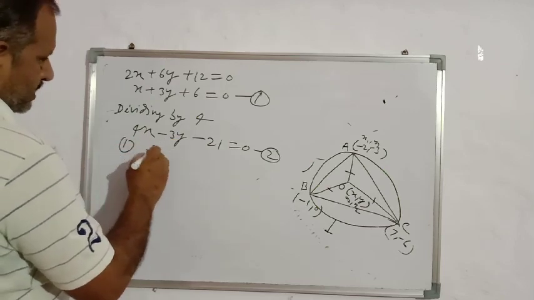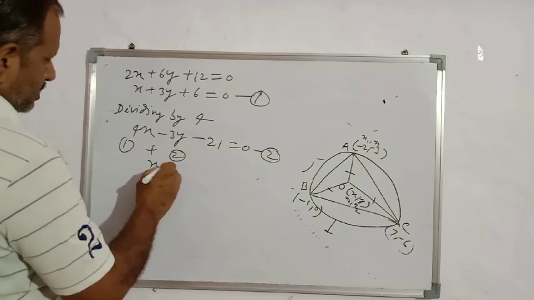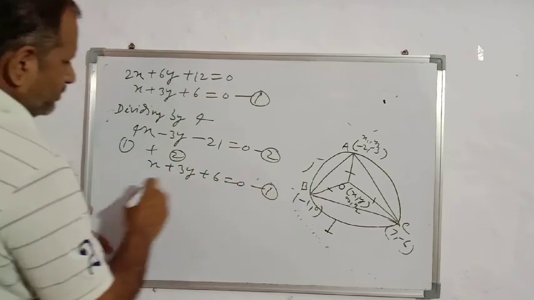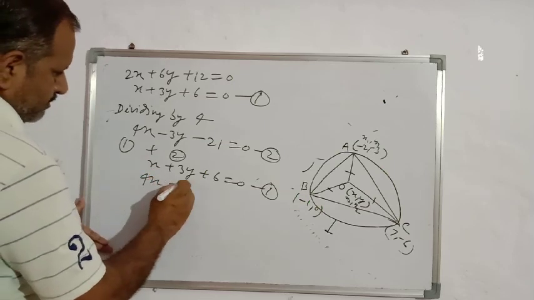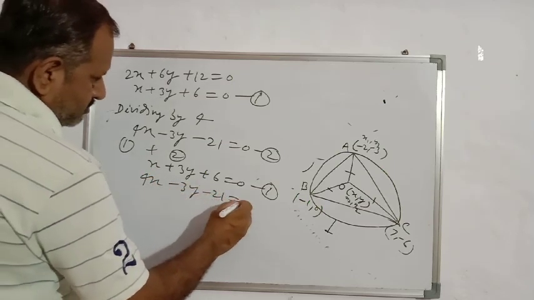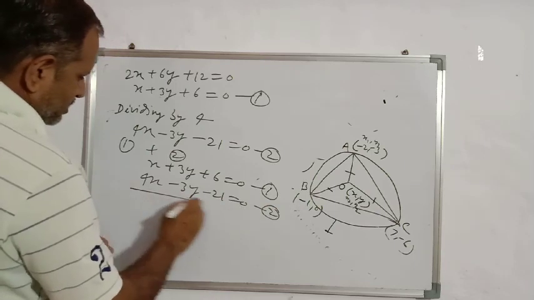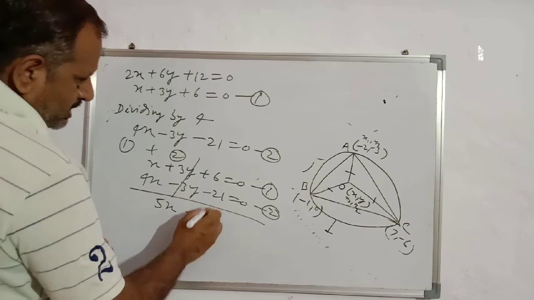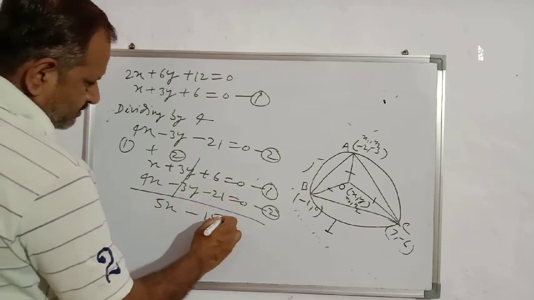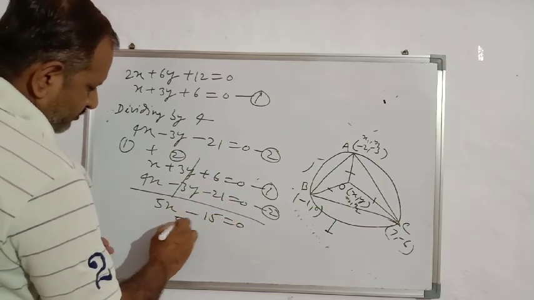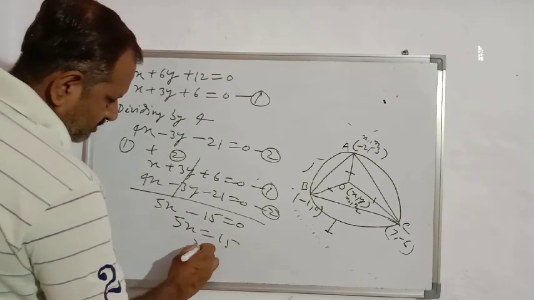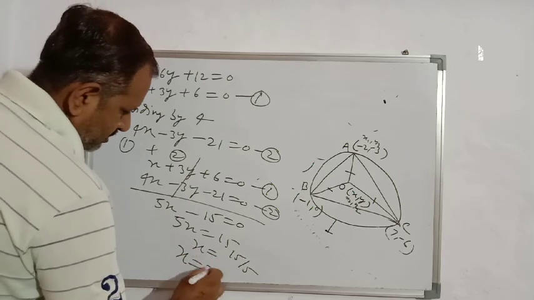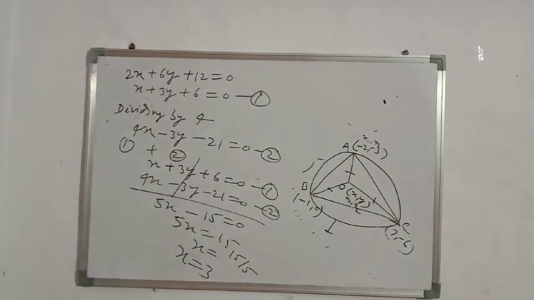So equation 1 plus equation 2. x plus 3y plus 6 is equal to 0, 4x minus 3y minus 21 is equal to 0. Plus 3y minus 3y cancel. 4x plus x is 5x. 6 minus 21 is minus 15, equal to 0. 5x is equal to 15. What will be x? 15 by 5. So x is equal to 3.